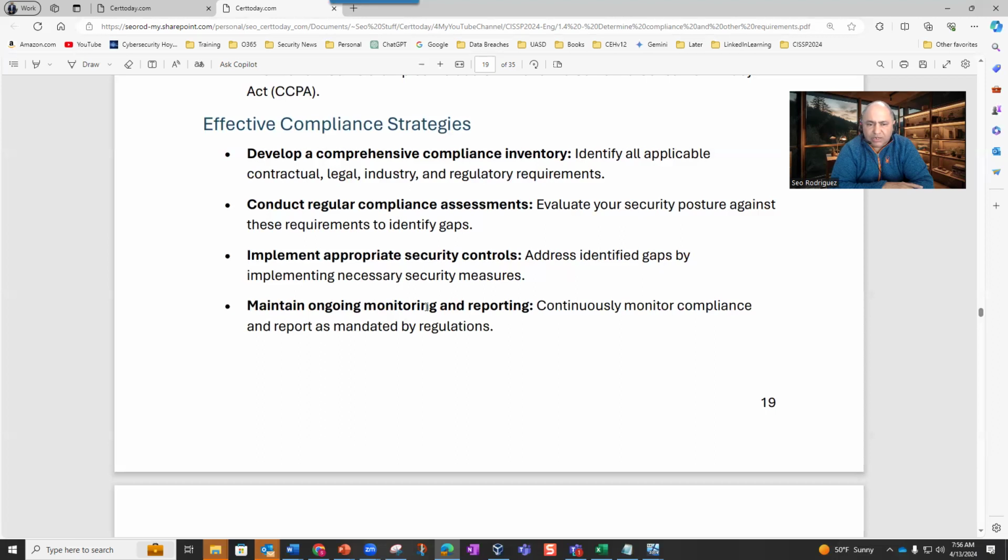Three, implement appropriate security controls. Address identified gaps by implementing necessary security measures. And four, maintain ongoing monitoring and reporting. Continuously monitor compliance and report as mandated by regulations.